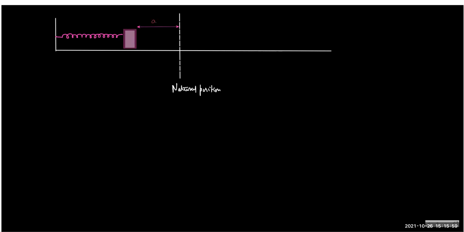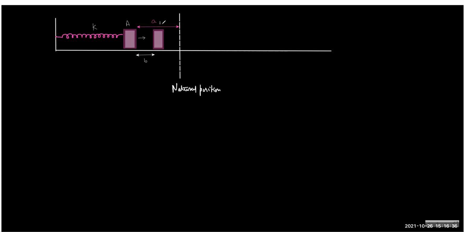Let's call this A. And then the block comes somewhere here, and just to confuse you, let me call this B. Now the block is going from here to here. That's the direction of motion. So this is the natural, this is A, this is B, everything is given.